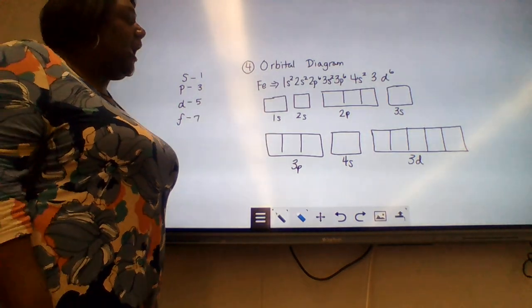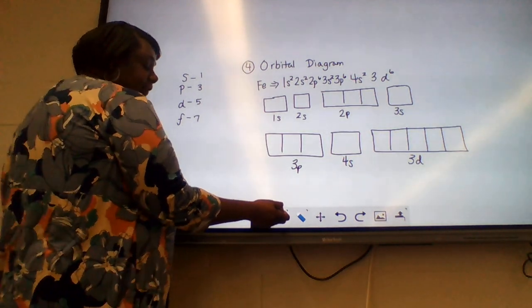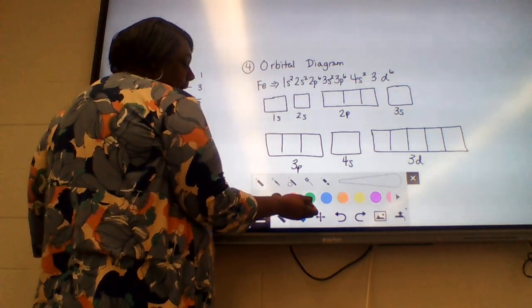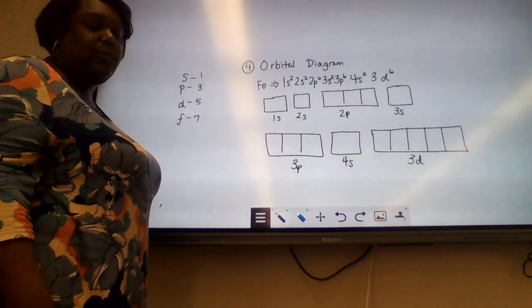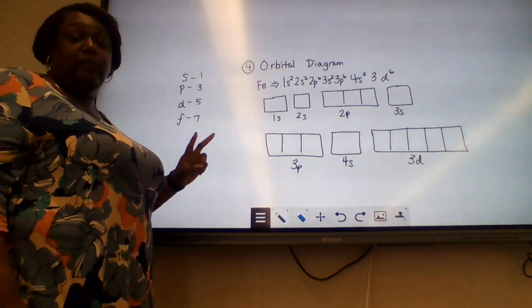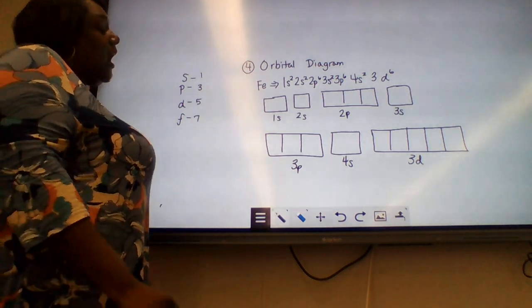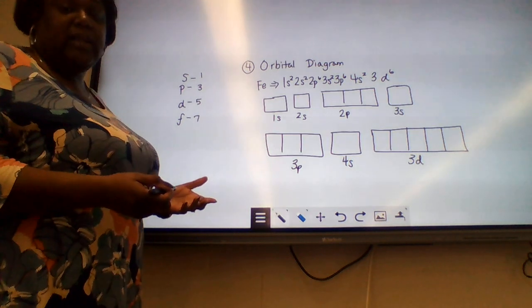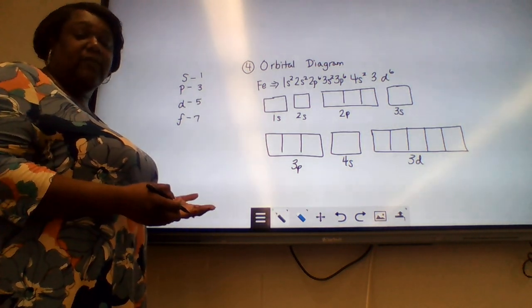Once I have my boxes, I use arrows to tell how many electrons are in that particular sublevel. Remember, no more than 2 electrons can live in any particular orbital. When we show our electrons, we show them as arrows, and they have to be doing different things.